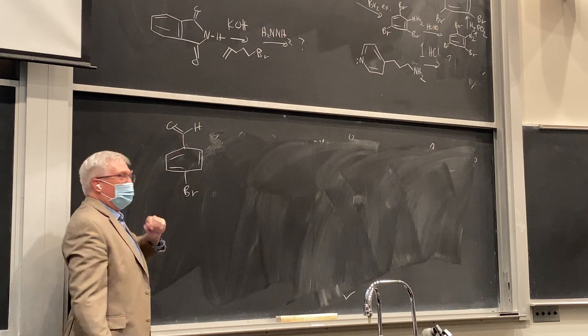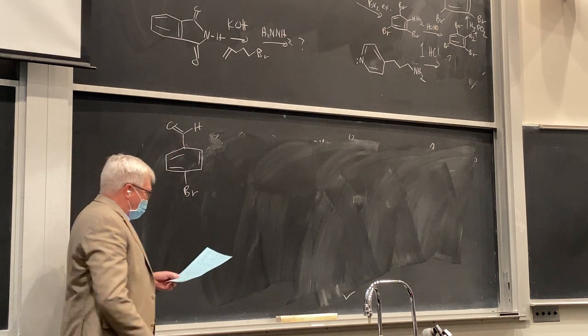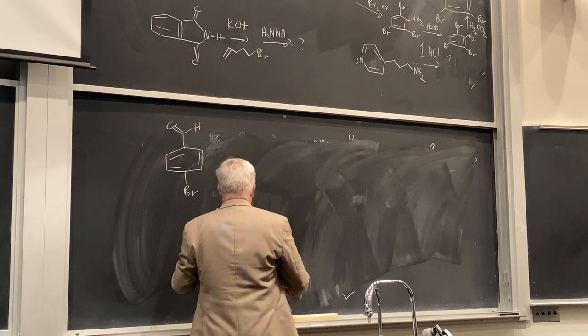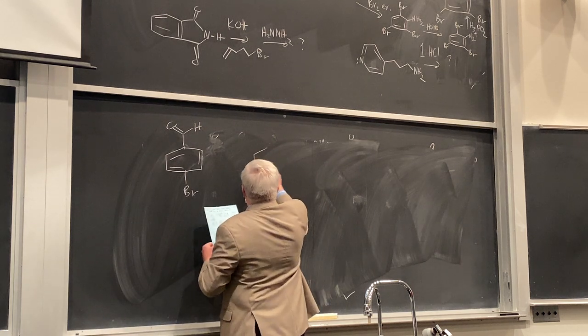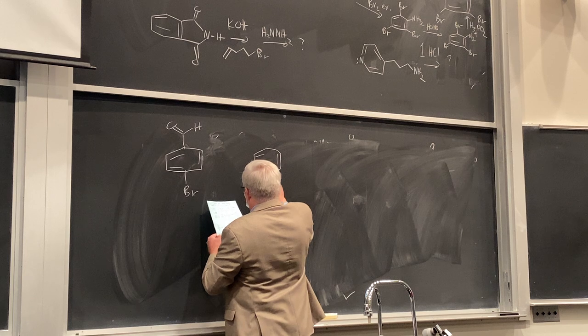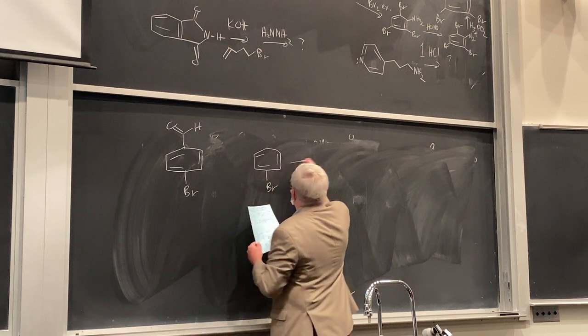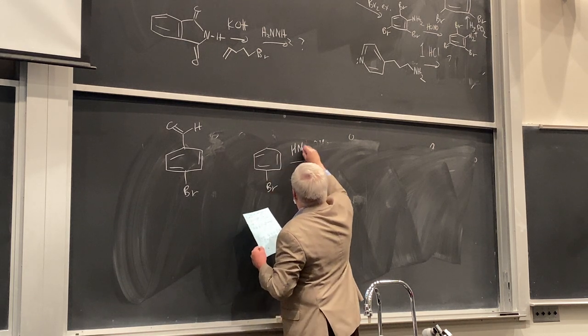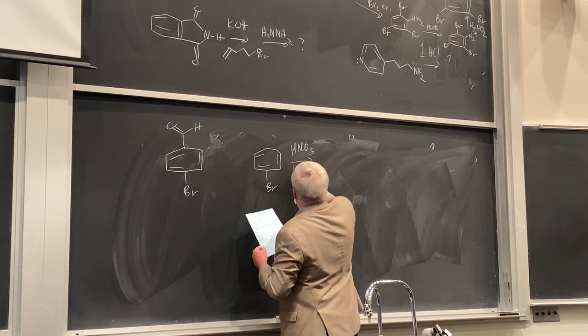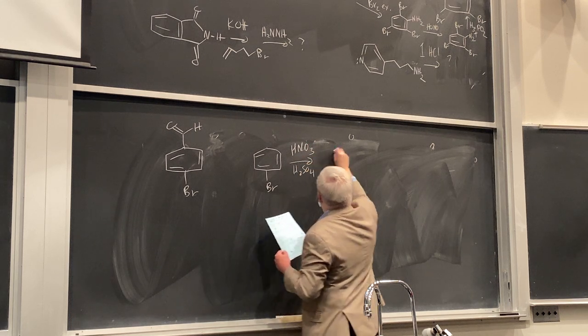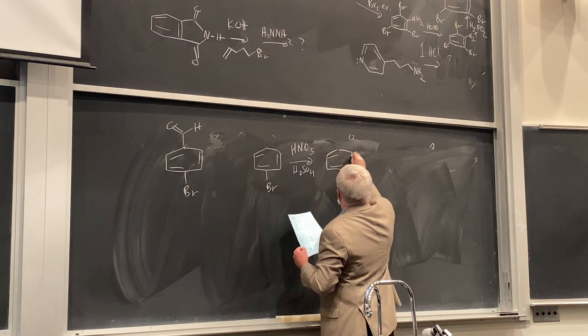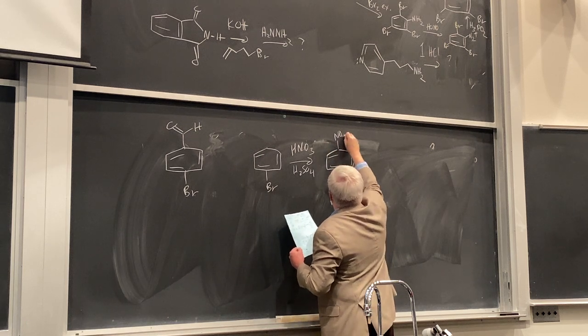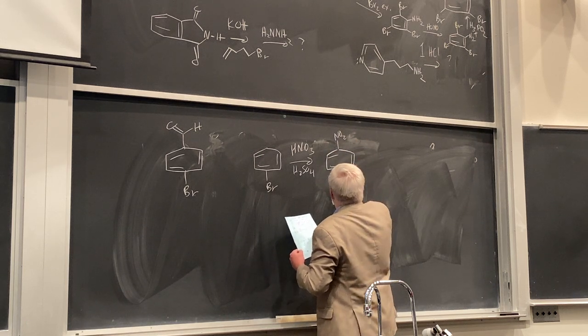So we need to think about that as some sort of an electron activating group, right? So here we could start with this thing brominated, and we could use nitric acid, sulfuric acid, to put the para-nitro group on there. And why are we doing that?